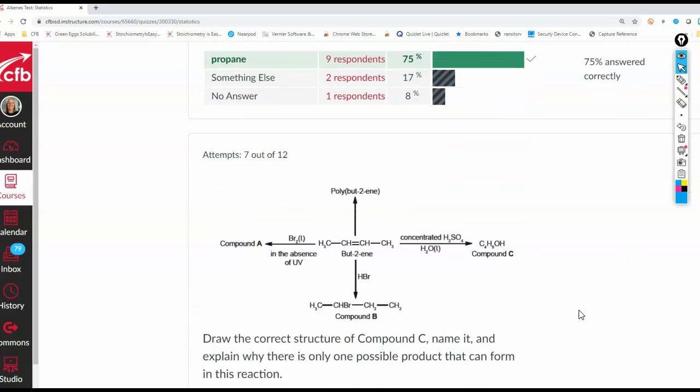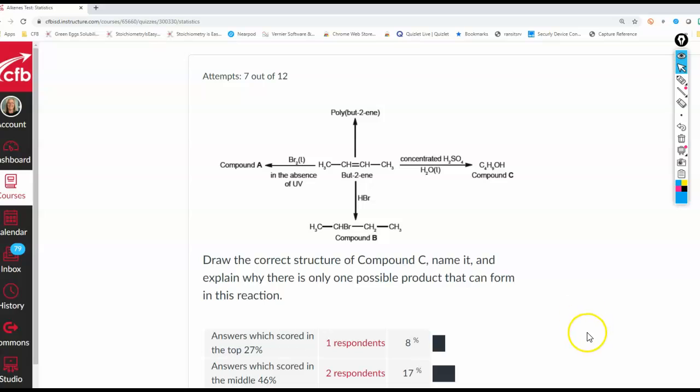Okay, so then we go on to this question here. Draw the correct structure of compound C, name it, and explain that one. There is only one product that can form in this reaction. So compound C is made with the concentrated H2SO4 as your catalyst and the water here.